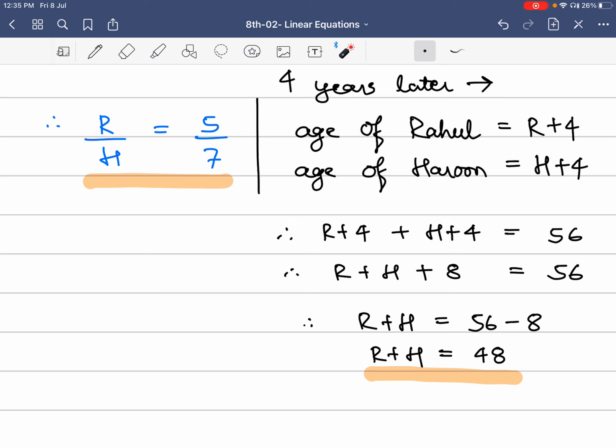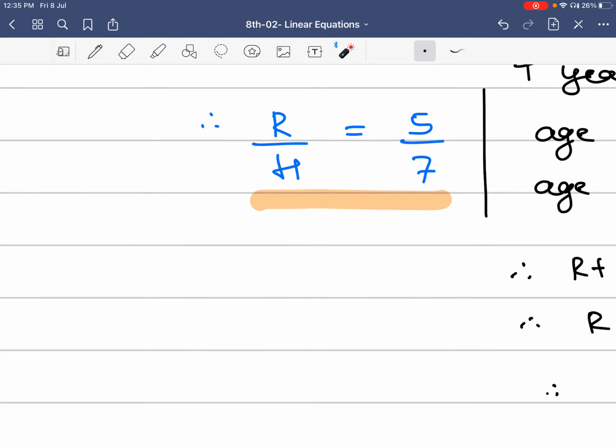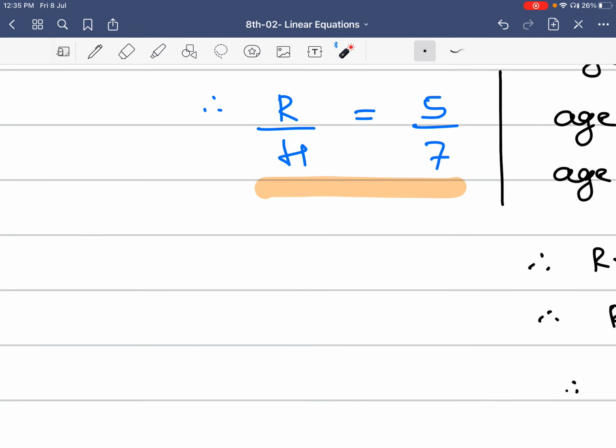How are we going to do that? Let's try to come here. Here I am going to do the multiplication. I am going to bring 7 to this side of the equation and take H to this side of the equation. Therefore I am going to get here 7R is equal to 5H. From this equation I have come to this equation, 7R equal to 5H.